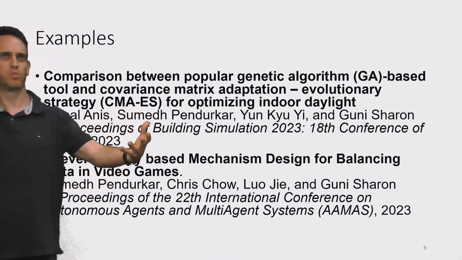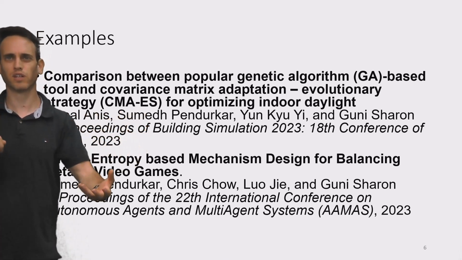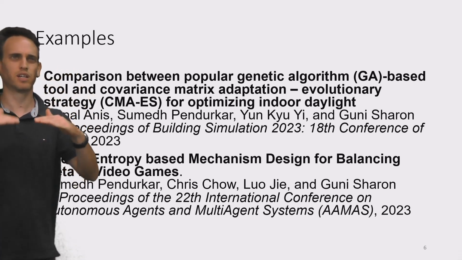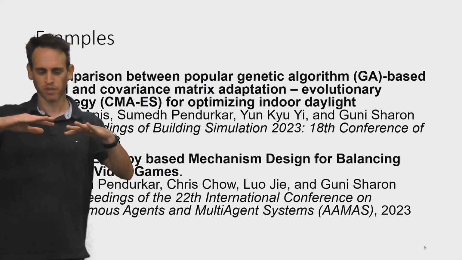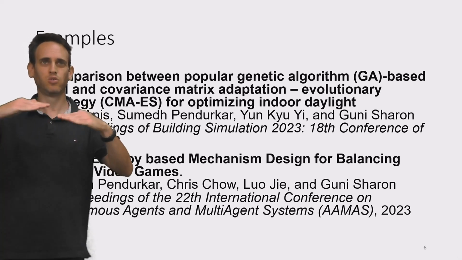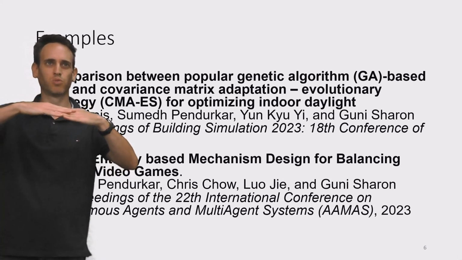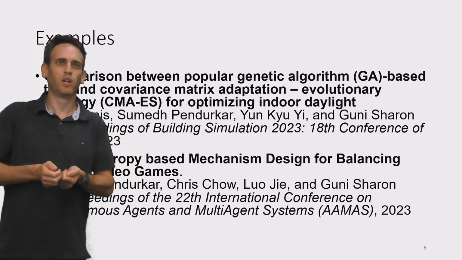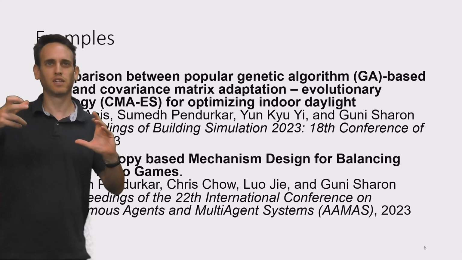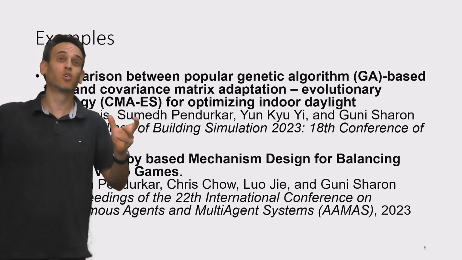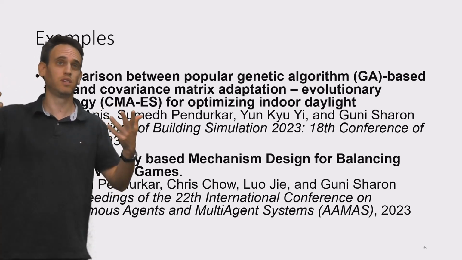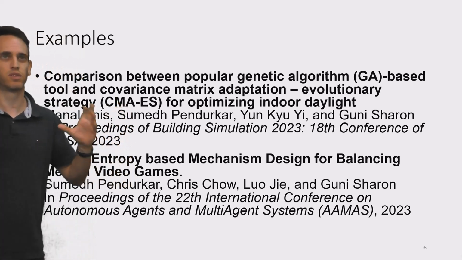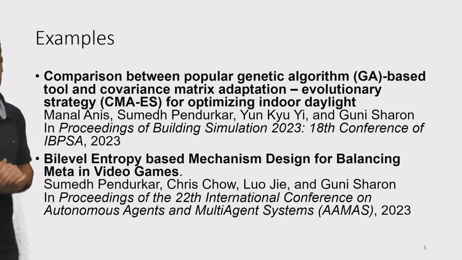So it will be lit and you can conserve energy, but there will be minimal glare, and there are all kinds of different dimensions that they need to optimize together and get a very good performance in the room. They can run a simulation and test a given setting of the room, but they cannot compute the gradient of the utility that they're measuring with respect to the different parameters that they can set in the room.